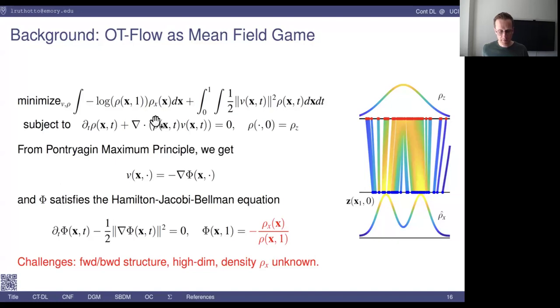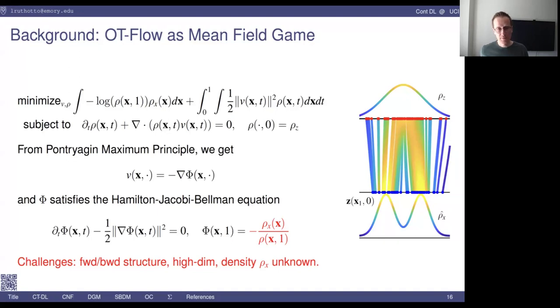For this type of problem, you have a maximum principle that tells you that the velocity is a negative gradient of a potential or value function, depending on how you want to look at it, and that this one satisfies a PDE also. This PDE system, Lars and Lars have proven, is necessary and sufficient for these types of problems.